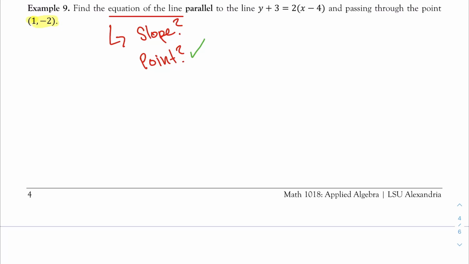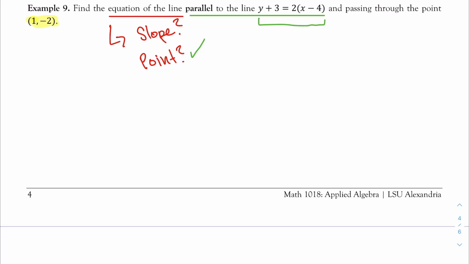How can I get the slope of the line? Well, now I have to use this other condition, parallel to this line. If I want my new line to be parallel to my old line, then the slope has to be equal. So my job is looking at this equation and figuring out what my slope is. There's a couple of different ways that we can do this.